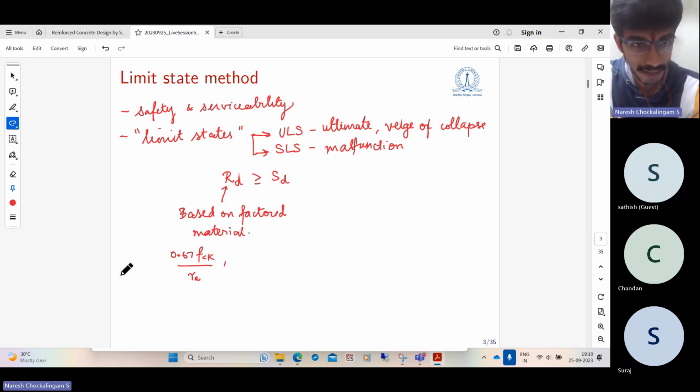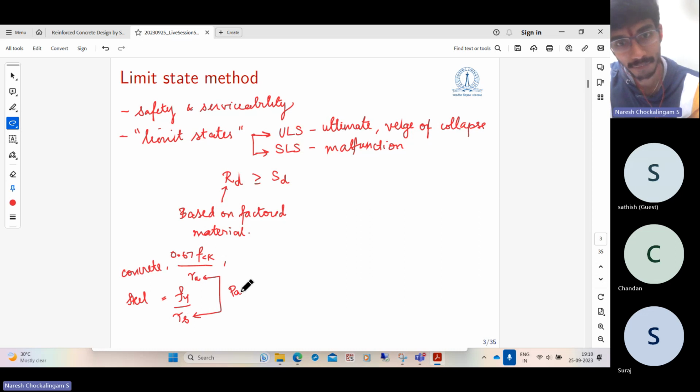So this is for concrete. And for steel, the yield stress fy is factored by a material safety factor. So these are called partial safety factors. Why are they partial? Because they apply only to the material, not to the loads. So you call these partial safety factors.